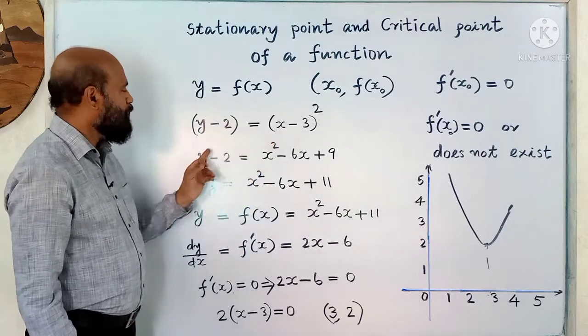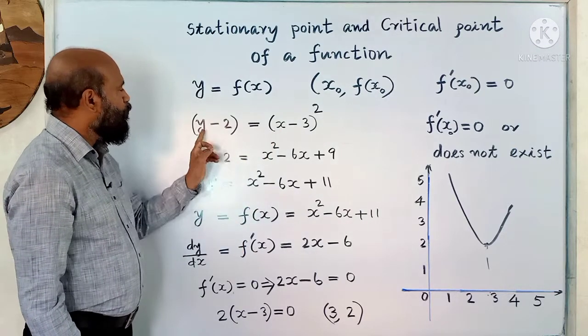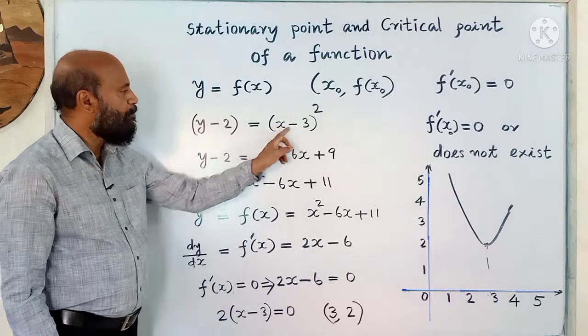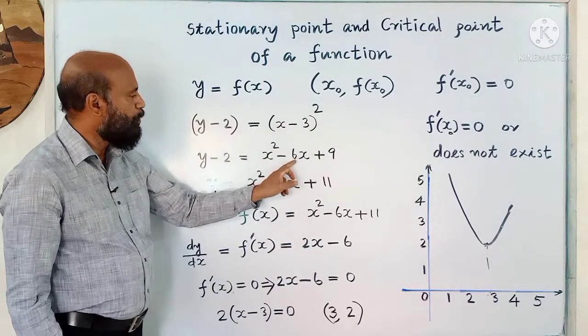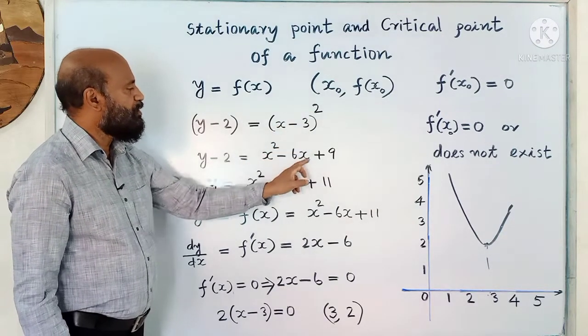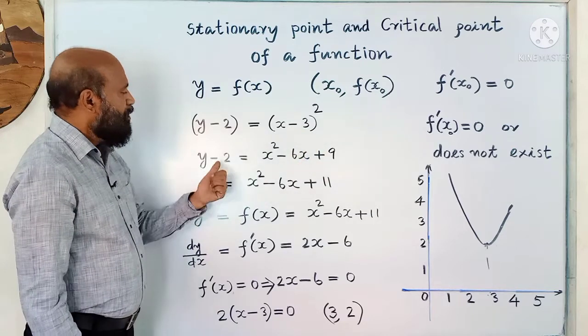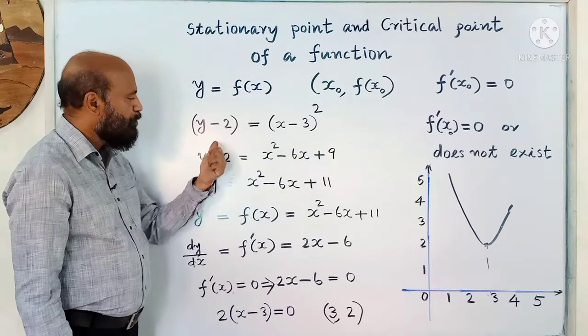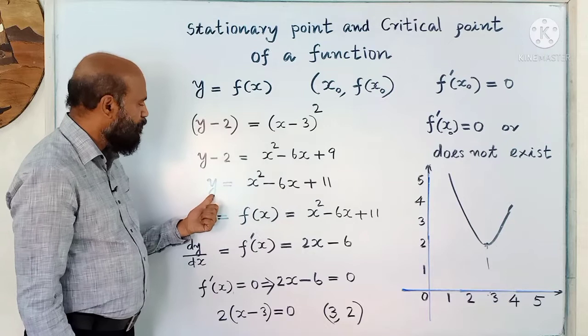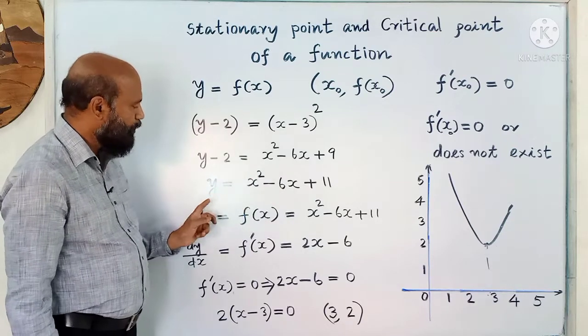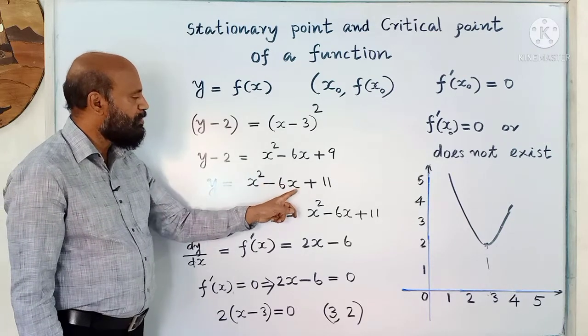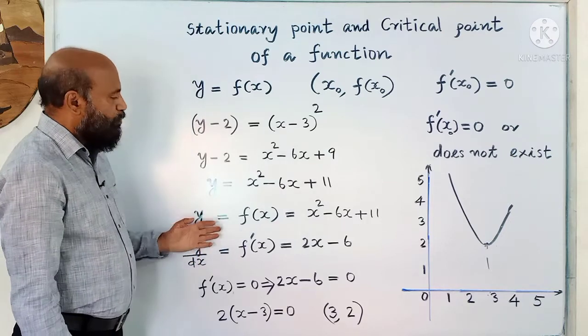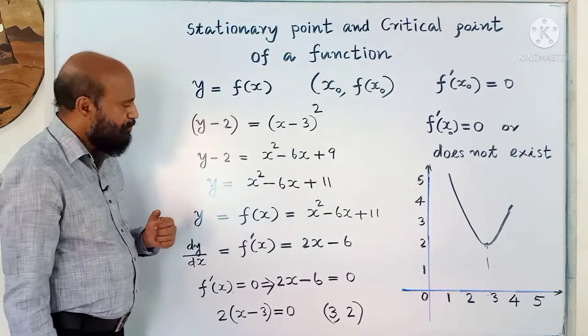Now this can be written using a minus b all square, so a square minus 2ab plus b square, that is x square minus 6x plus 9. Rearrange this, take the minus 2 to the other side, so you will get y is equal to x square minus 6x plus 11. So y is a function of x.